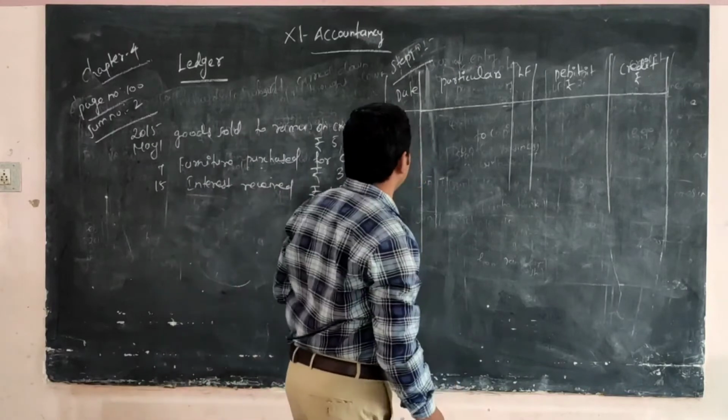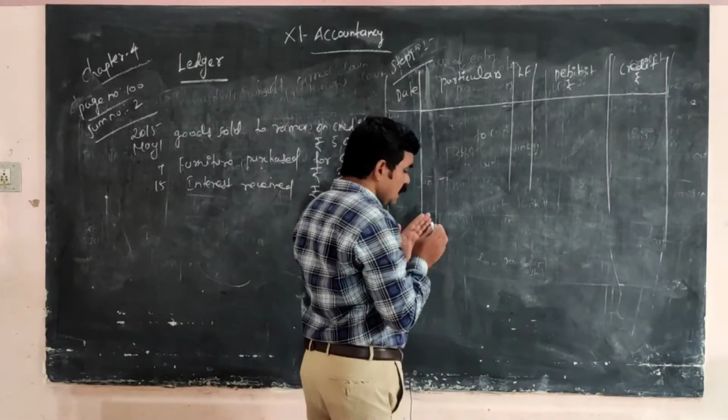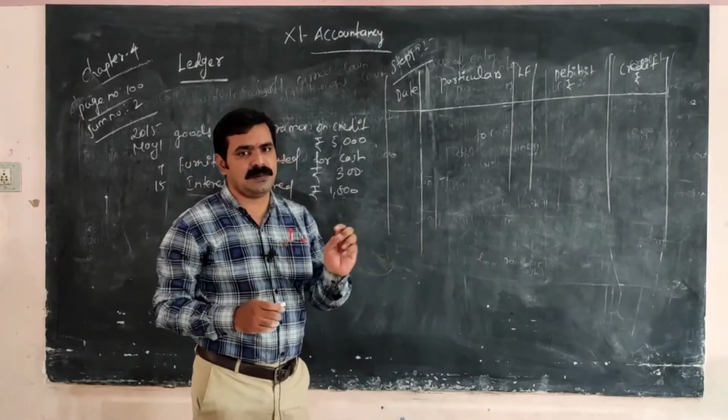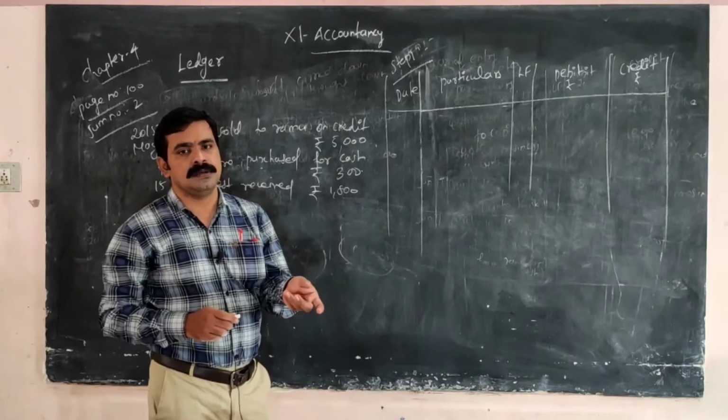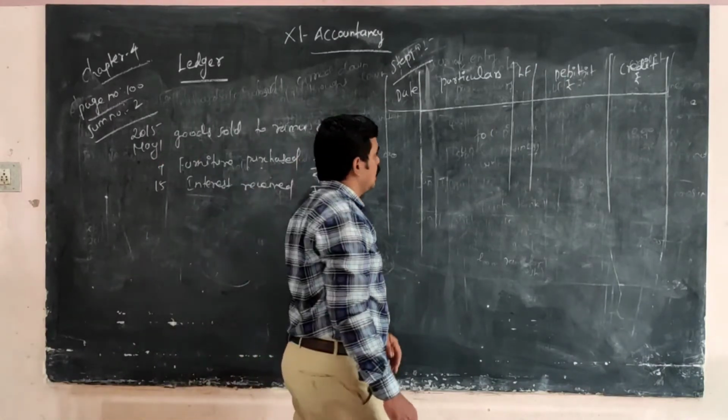Goods sold to Ramu on credit, rupees 5,000. Ramu is the receiver, where goods go out. Ramu is a personal account and goods going out is real.